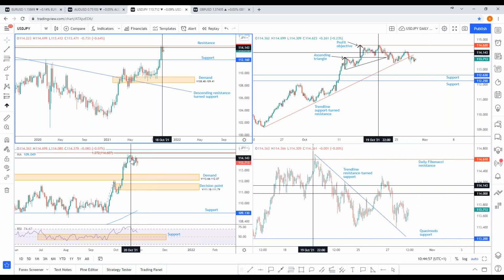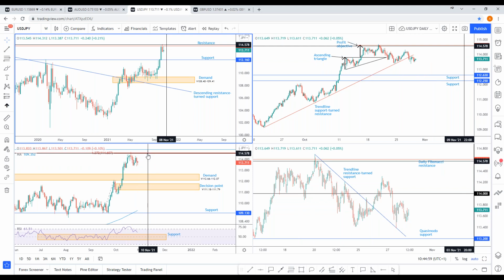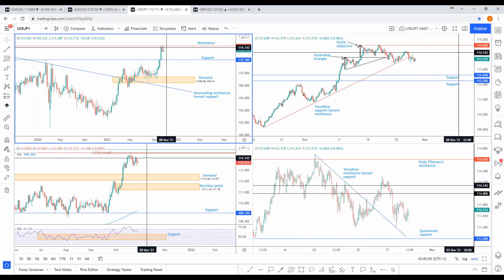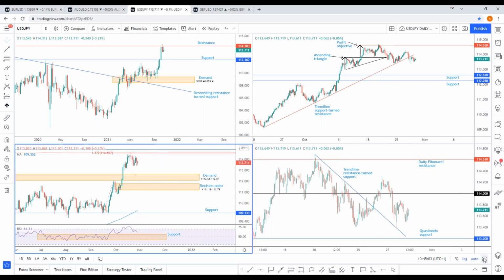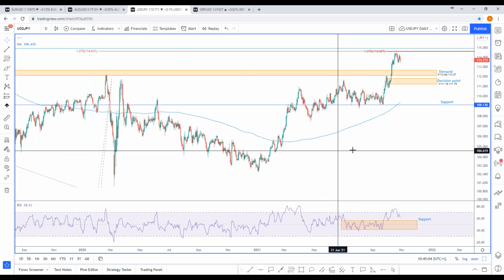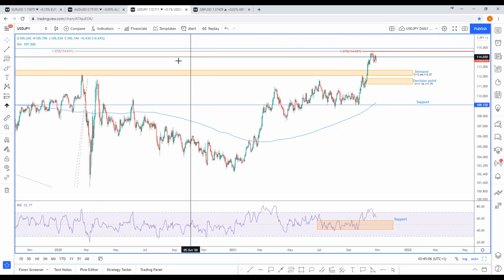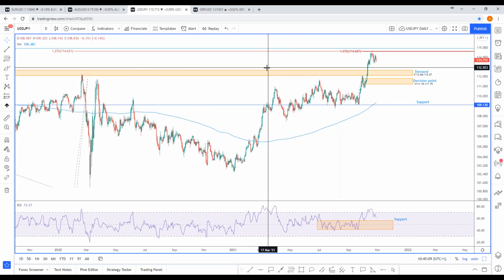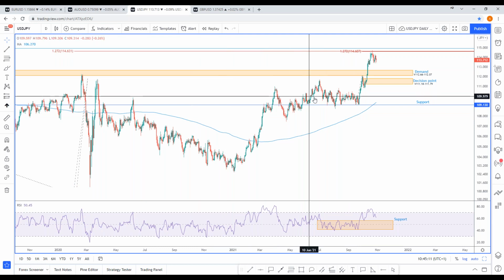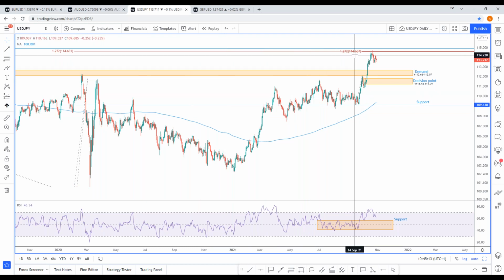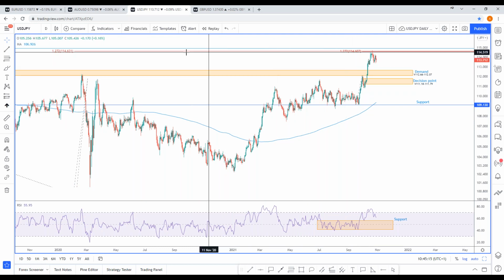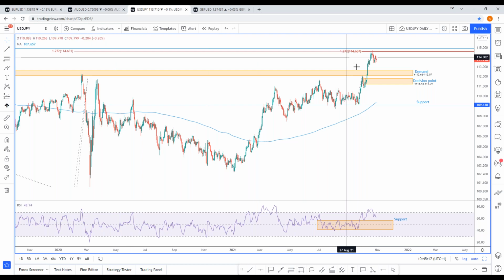Now, connecting closely with the weekly resistance was a... Let me just enlarge the chart so we can all see where I'm talking about. We have 1.272% Fibonacci projections converging around the 114.60 area.